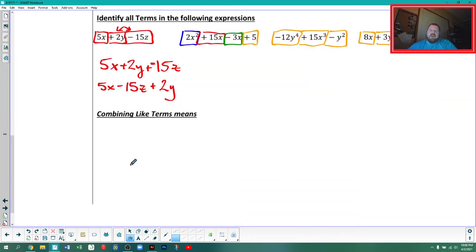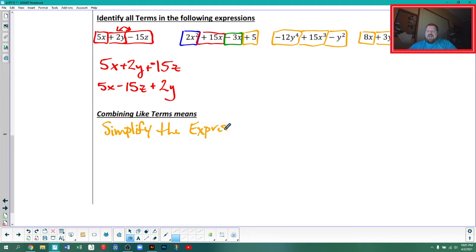When we want to combine like terms, or if it said to simplify the expression, I want to make sure I spell it right. Simplify the expression.